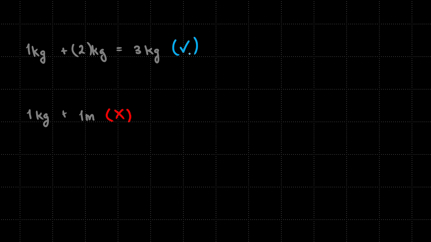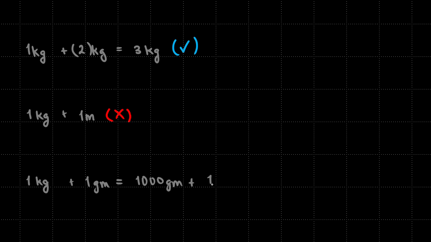But adding units which are of the same physical quantity is possible. For example, if I added 1 kilogram plus 1 gram, it will give me something, because 1 kilogram can be written as 1000 grams, or I can convert the gram into kilogram.